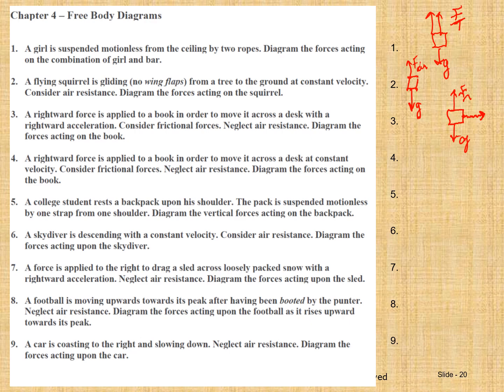The book is moving to the right on the desk, and it says, consider frictional forces. So if the book is moving to the right, there's a parallel force on the surface of that desk moving this direction. And that's your frictional force. This is your applied force.